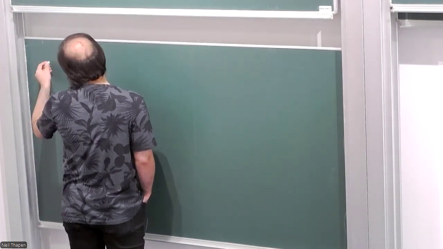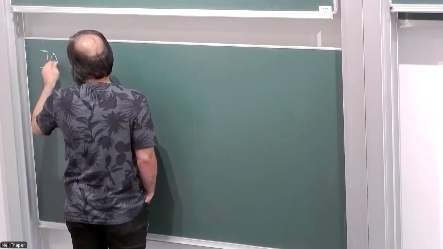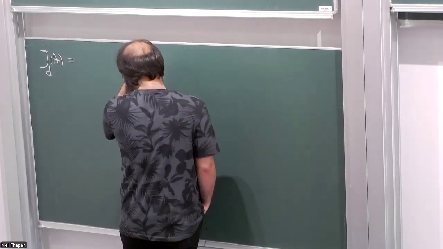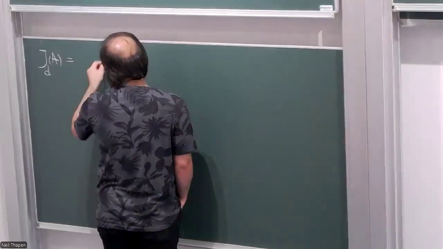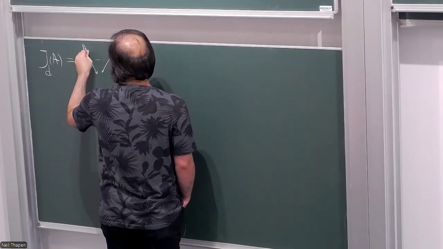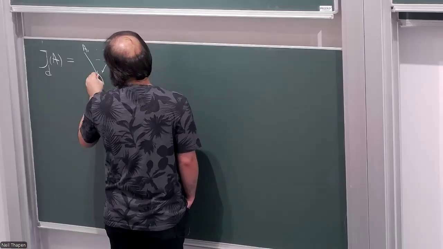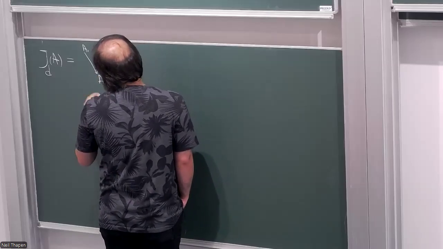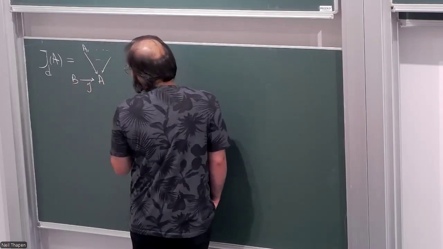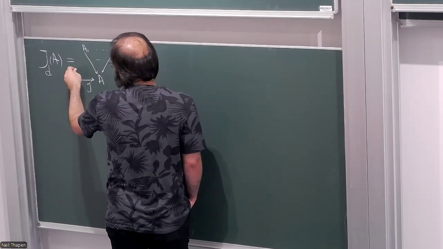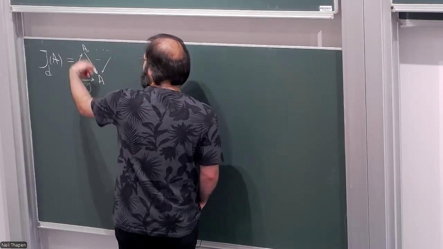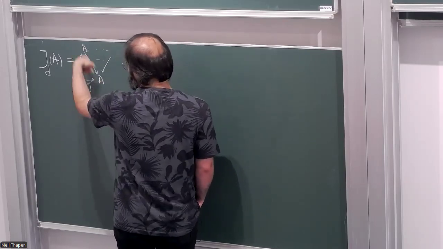So we had some dense coverage, and the dense coverage was that, let's say, J_D of A, some family is covering for A, and this is my definition, if for any map B to A, it factors through one of the elements, right? So any map factors through these guys.